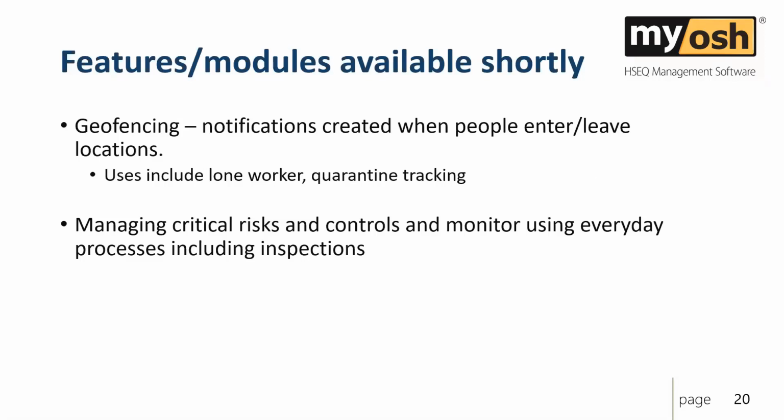One of the features that's becoming available relatively shortly as well is managing critical risks and controls through everyday processes. So let's say you do an inspection, and inside that inspection, you might have a question that asks about a critical control. Let's say, is the guarding working on the machine? That might be a critical control.